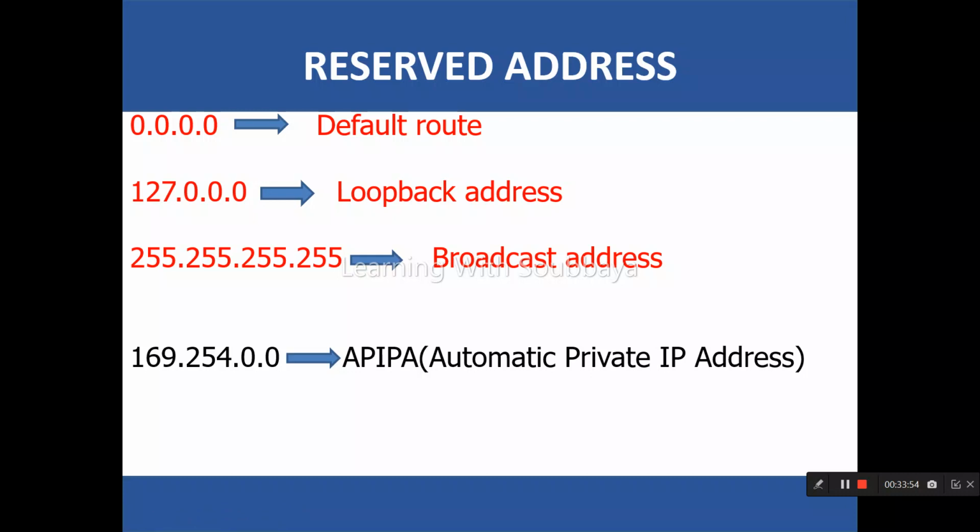0 has been reserved for default routing, 127 for loopback address, and 255 for broadcast address. When I say default route here, normally a router checks whether the routes are available in the routing table or not.